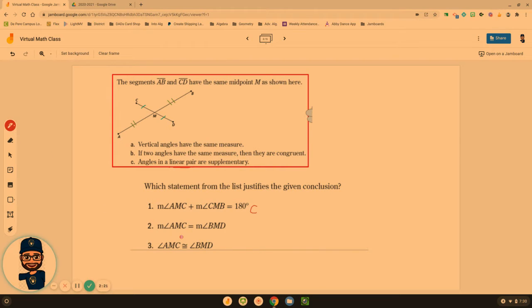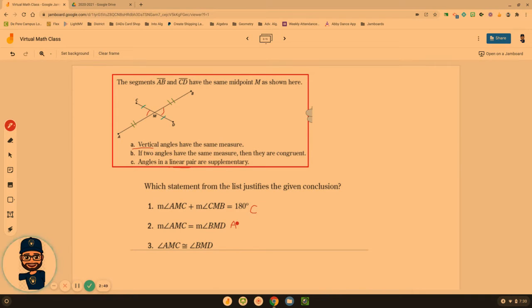Number two, the measure of angle AMC, which is this angle right there, how do we know that's equal to the measure of angle BMD? Well, that's part A. We call those vertical angles. Vertical angles are going to have the exact same measure.